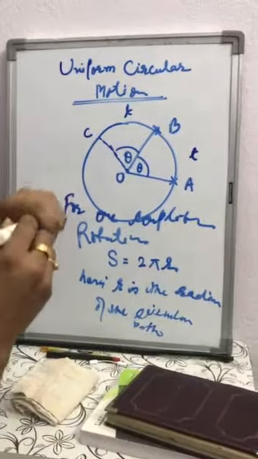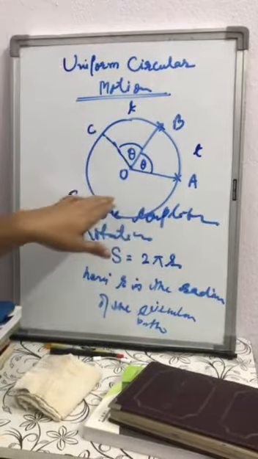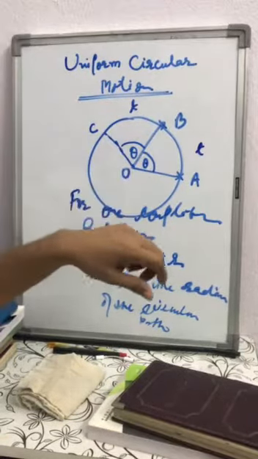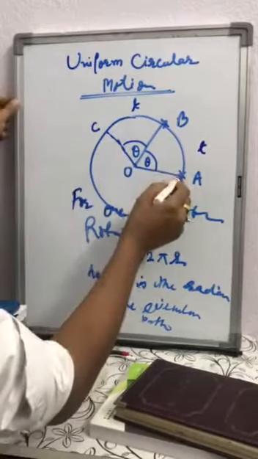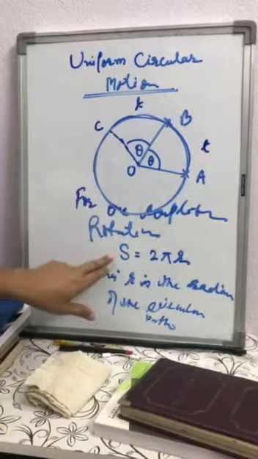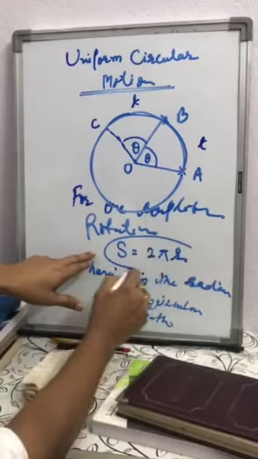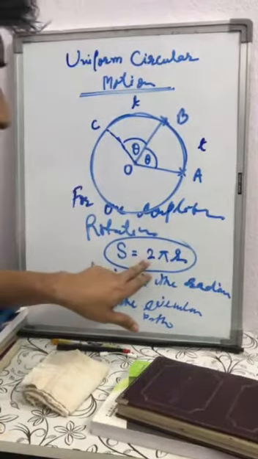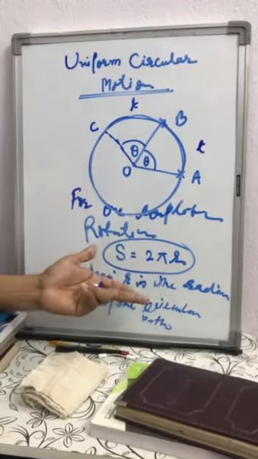That means if along a circular path, when the viewer is at the center, the body completes one rotation, then the total linear distance is given by 2 pi r, that is the circumference.